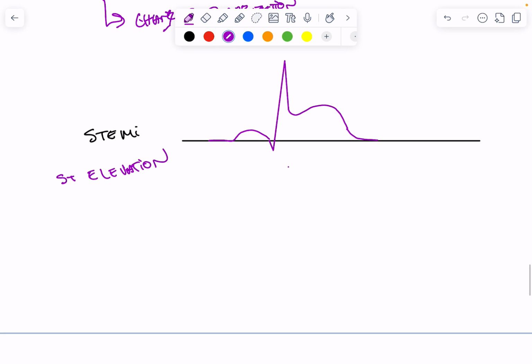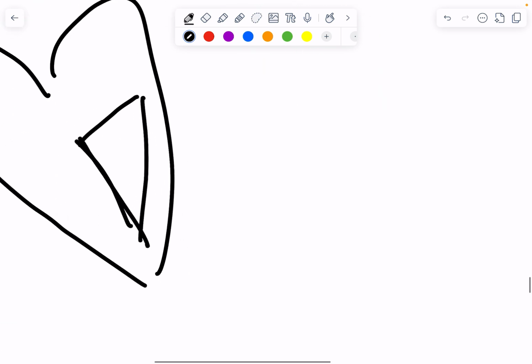So we have our heart. With the ST depression, you only have an area of hypoxic cells that does not reach through the entirety of the endocardium. You only have a little portion of it.